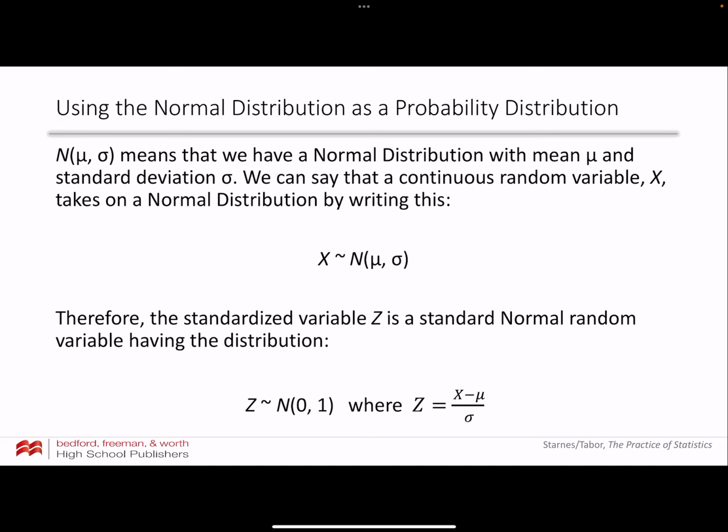So let's revisit notation. We can use normal distributions to represent continuous random variables. So notation, capital letter N, and then in parentheses, you'd have the mu and the standard deviation. That means that we have a normal distribution with a specific mean and a specific standard deviation.